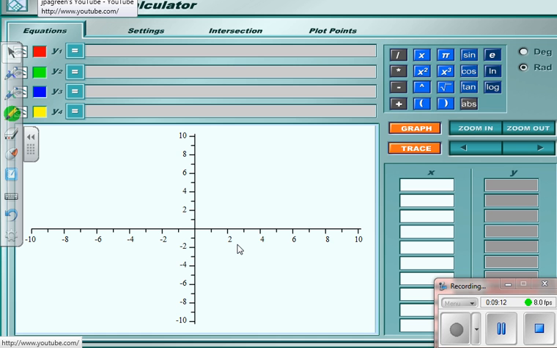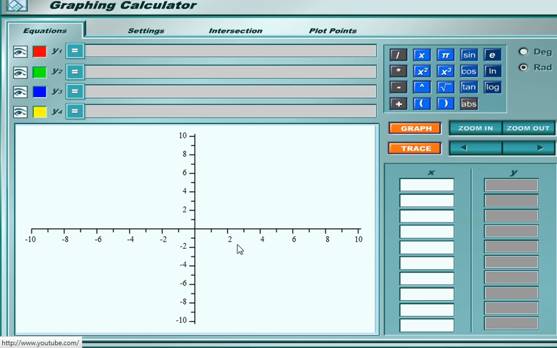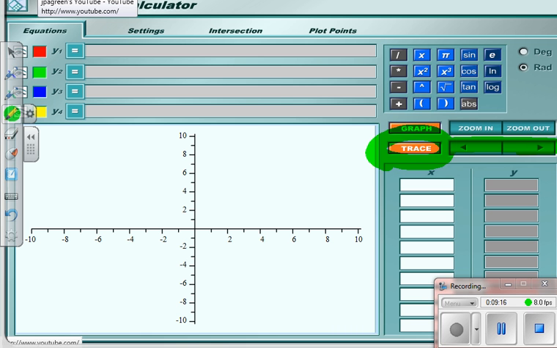But you could go ahead and use this trace feature right here and trace in or out, up and down along your line, and then you could watch values change right here and get a very specific number as to where our equation reaches that solution point of crossing the x-axis. So you now have enough information to work on your 6.2 homework.